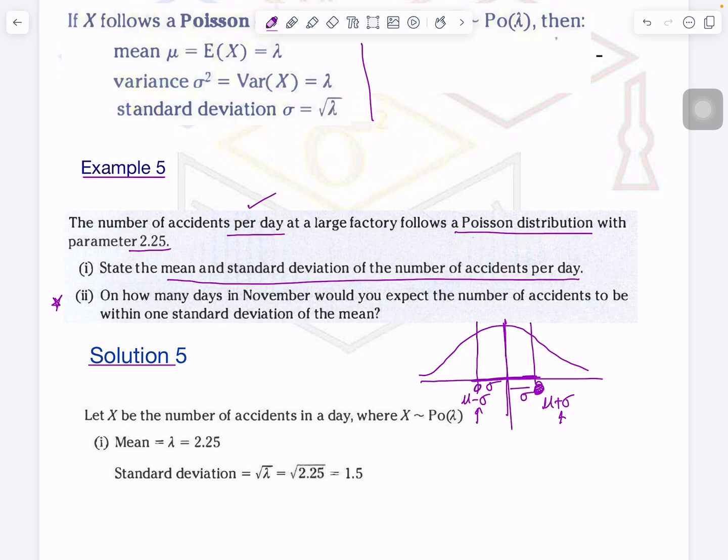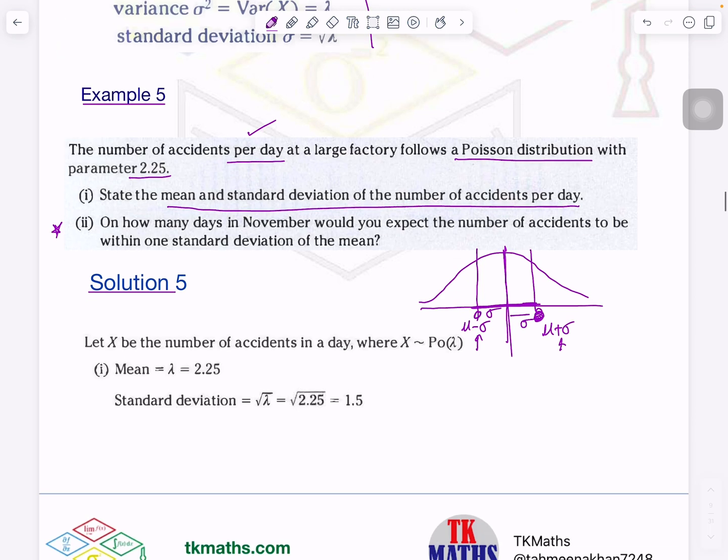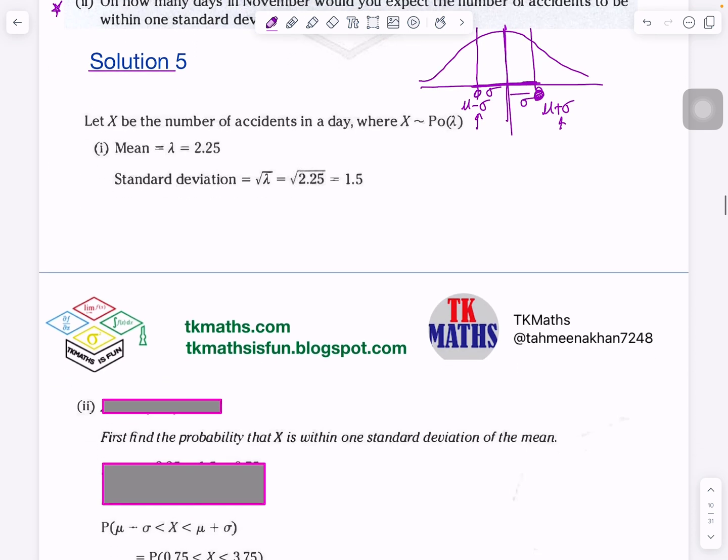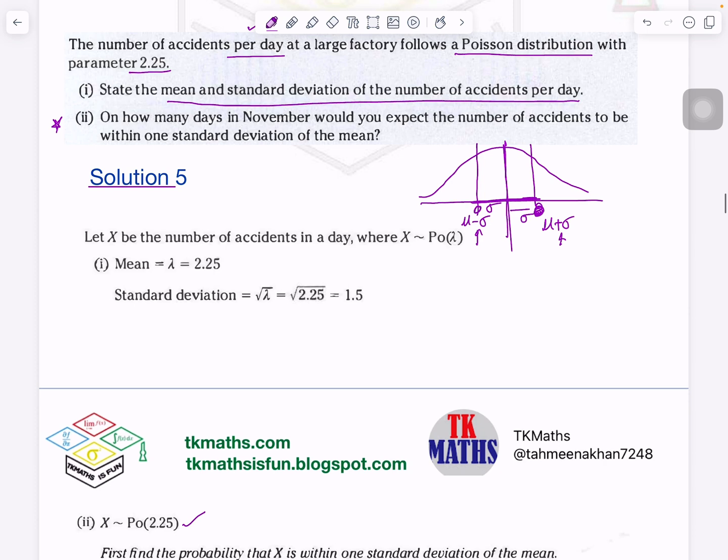Now you must know here one thing, how many days are in November? Okay, you know that, right? 30 days, right? Now let's see here, how do we solve this question? So first of all, the mean is 2.25, right? And this is the way you write your probability distribution. Because first of all, I will calculate the probability.